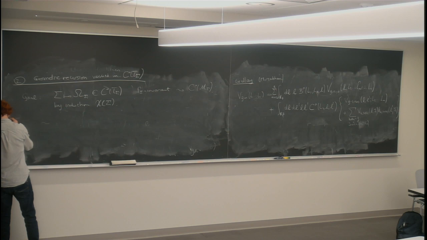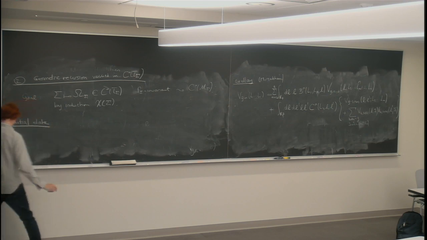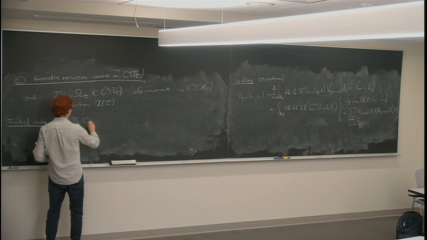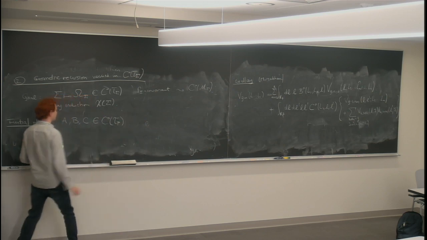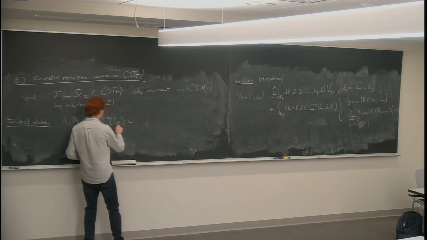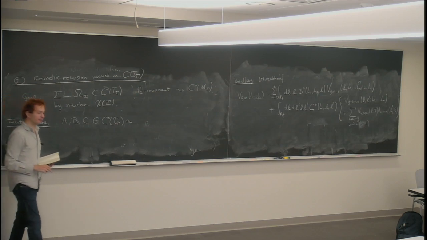So it will be a recursion, so we have some initial data. So initial data would be 3 elements A, B, C, which are continuous functions on the Teichmueller space of a pair of pants. So this T_P is a space of hyperbolic metrics on a pair of pants.